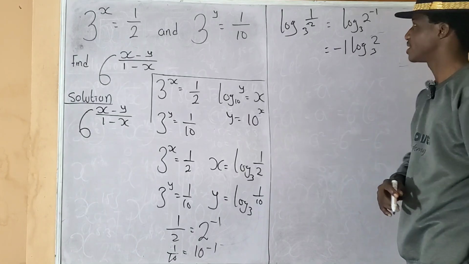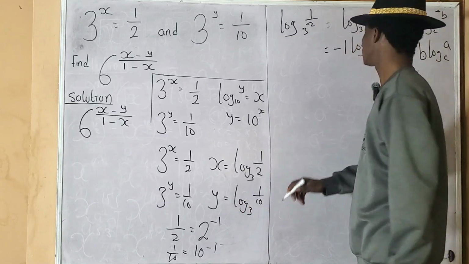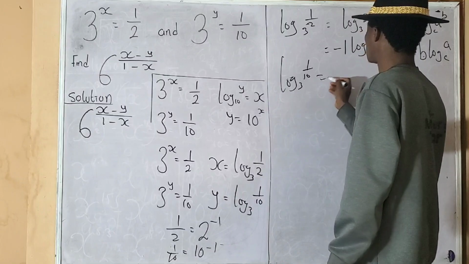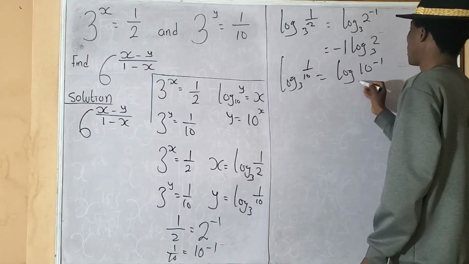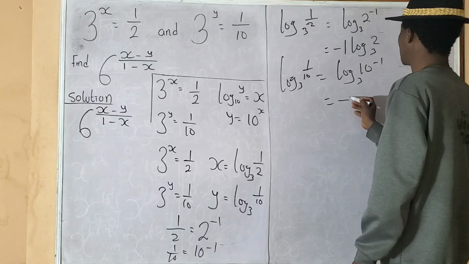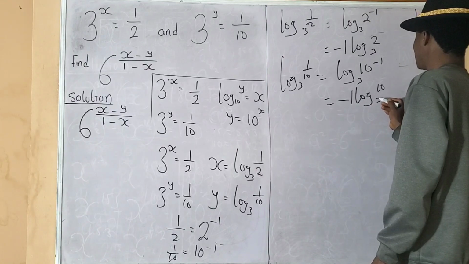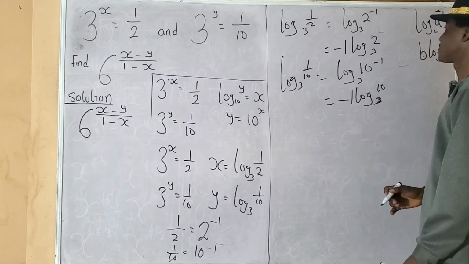Now, for the second log, which is log 1 over 10 base 3, we have log 10 raised to the power of negative 1 base 3, which equals negative 1 log 10 base 3, right? Okay, we are not done with the solution.